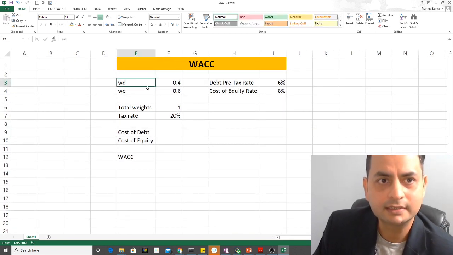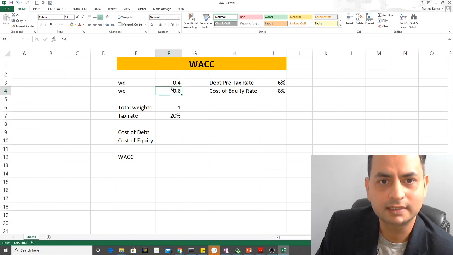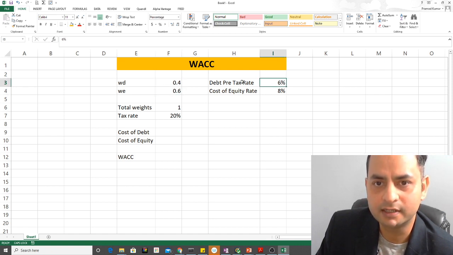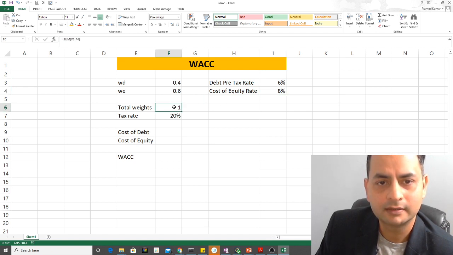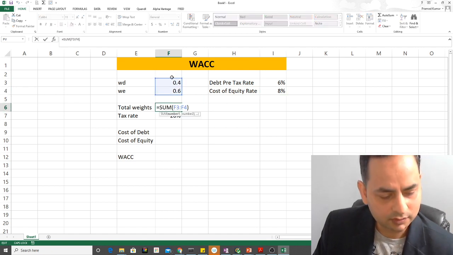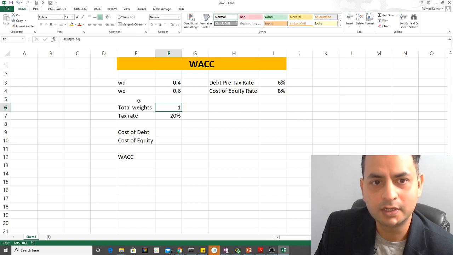So WT here is nothing but the weight of debt, and this is the weight of equity. These are just the inputs. The debt pre-tax rate is 6%, I assume, and for the cost of equity I assume it's 8%, and this is nothing but the sum. As I mentioned, the weights of debt and equity should equal 1.